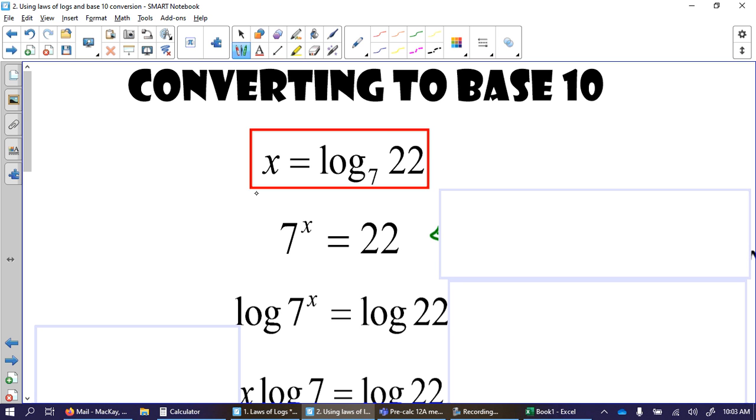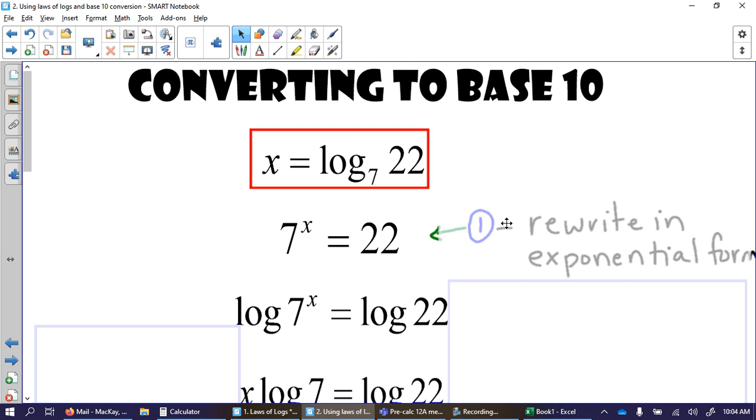Well, I don't have a calculator that does log base 7. So the first thing we do is put it in exponential form. So 7 to the x equals 22.